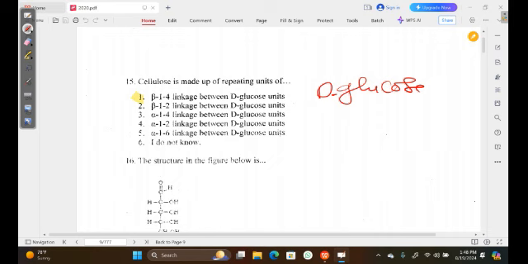This happens with the hydroxyl group of the first carbon, which is above the ring, for it to be beta. So cellulose actually is a polymer made from beta 1,4 glycosidic linkages. That makes option 1 the correct answer.